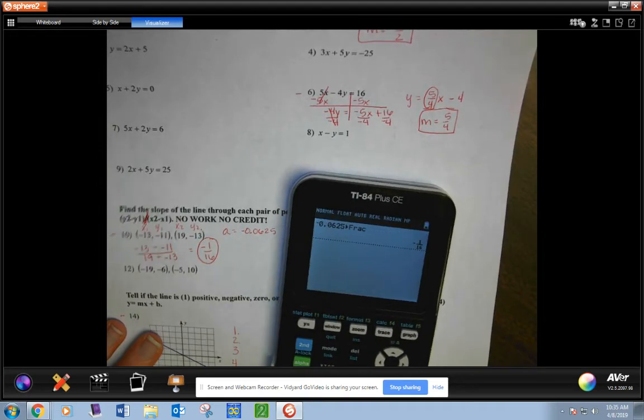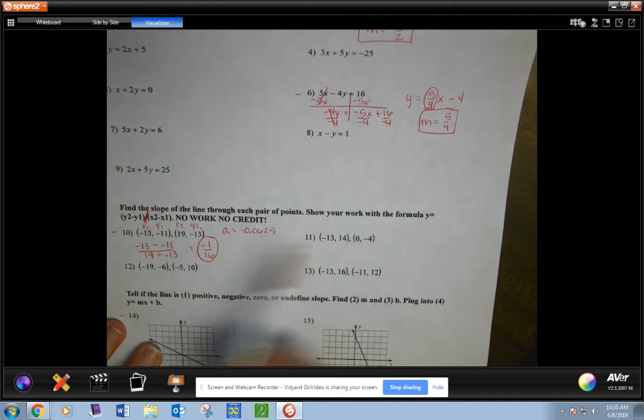It will convert it back to a fraction for you, which is what we got. So you have the 2 choices to do. If you're going to do it with the calculator and do stat edit, I want to see what your a equals, and you're going to have to convert it for me. If you want to just do this formula, do the formula. Your choice, but either way, I have to see some kind of work.